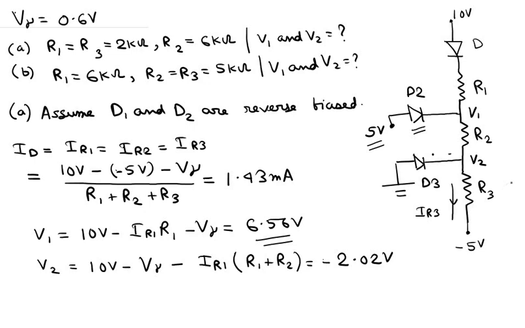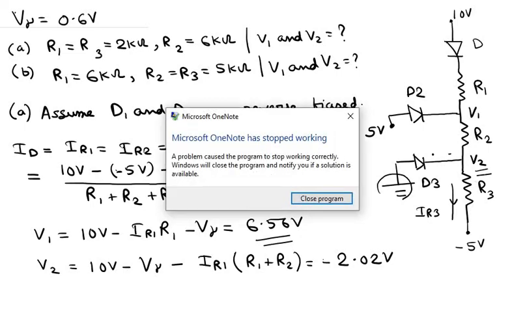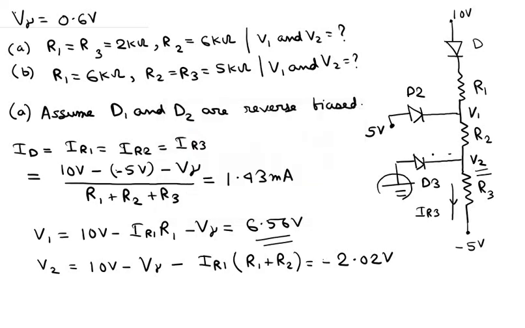And next, coming to the voltage V2, we note that V2 is minus 2.02 volts. Now this point is grounded, which is 0 volts, and V2 is minus 2.02 volts. So this means that our assumption of reverse biased D3 is incorrect.